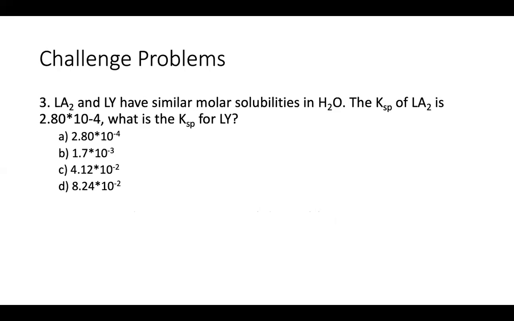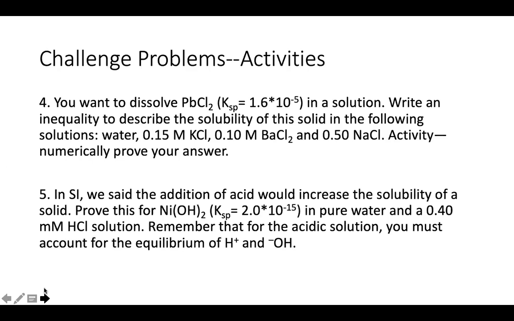So it's unknown compounds that we're just going to denote with random variables. They have similar molar solubilities, and so knowing the KSP of one of these compounds, you can solve for the KSP of the other one. That's number 3. Again, this is something that has appeared on an exam before.